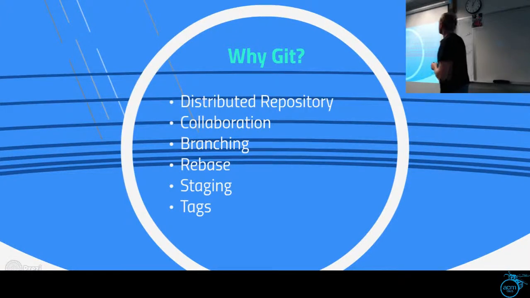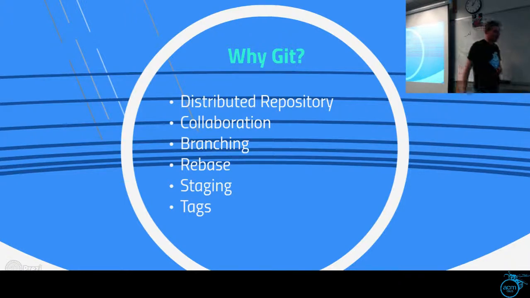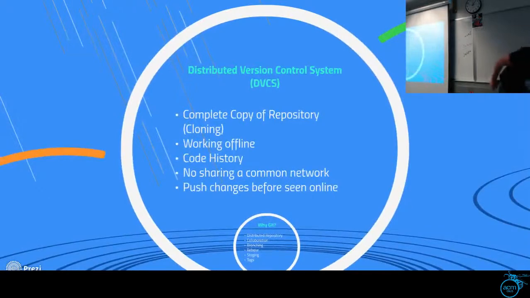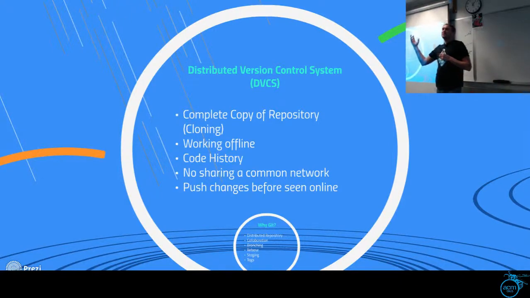First, distributed repository, collaboration, branching, rebase, staging, and then tags as well. Git is a distributed version control system. You get your repository, and you have your own local copy of it.